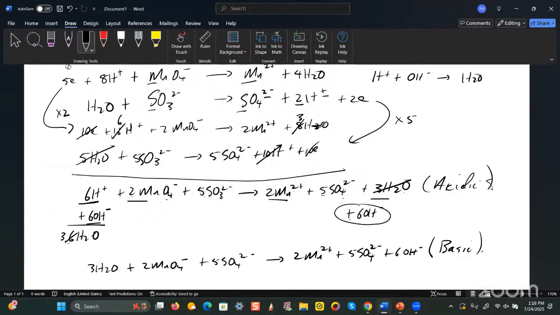And then if there are any water molecules to be canceled out, you cancel them out, as we did in this case. This 3 will cancel out 3 of these 6. So you're going to end up with 3 water molecules on this side and the rest of the equation, right? And that's basically how you get the equation under basic conditions.